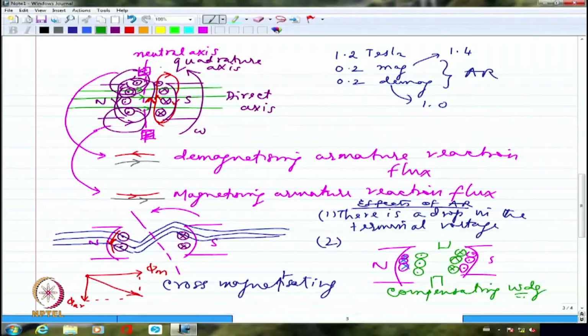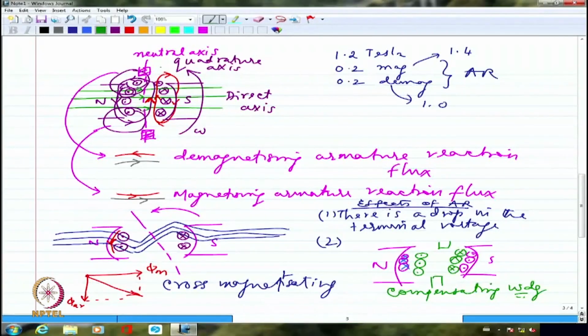Along the Q axis, in the interpolar region between the two main poles, we place something called an interpole. So if the armature reaction is creating a magnetizing effect, I will create a demagnetizing effect with the help of the interpole, and vice versa, right?